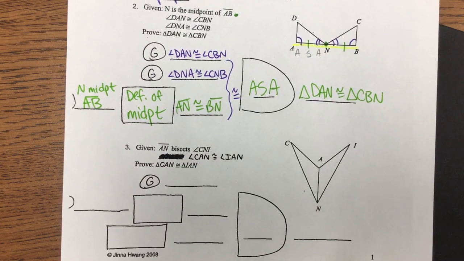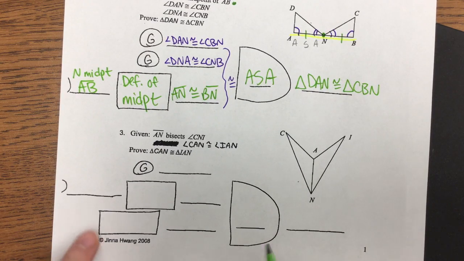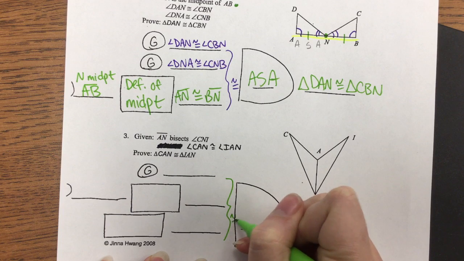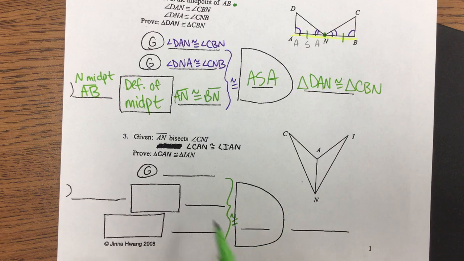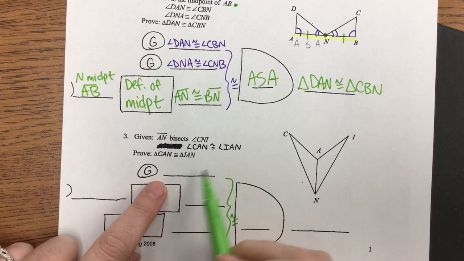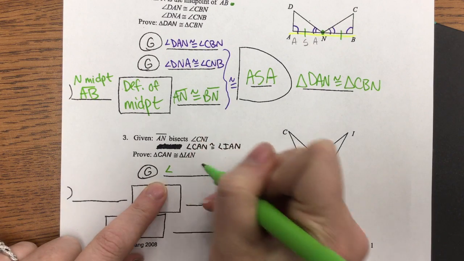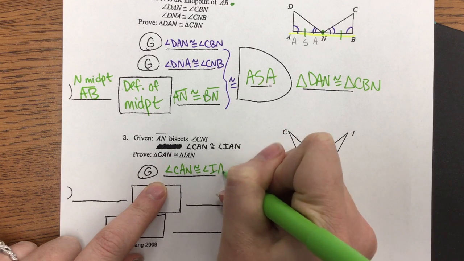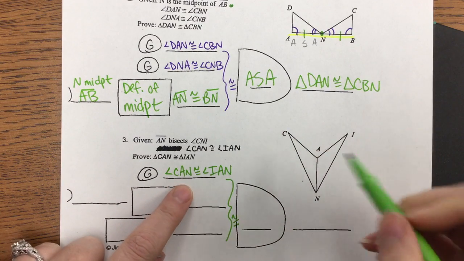All right, let's look at this one. Please make sure you have congruent pieces in order for this to work out. So I want to use my congruent angles right here at the top. And I'm going to mark those right away.